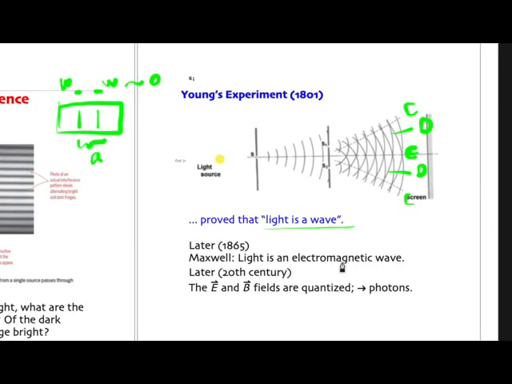And when he calculated the speed based on electric and magnetic force parameters, he found the speed is equal to the measured speed of light.